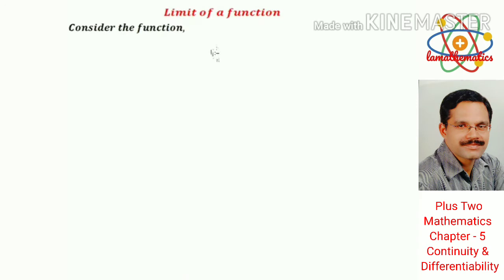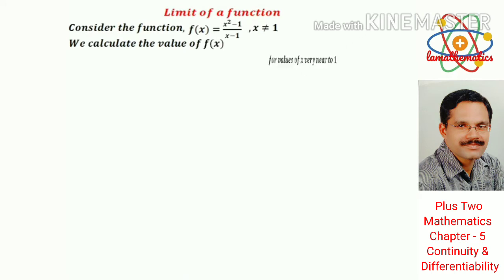Consider the function f of x equal to x square minus 1 by x minus 1, provided x not equal to 1. We calculate the value of f of x for values of x very near to 1 but not at 1. At x equal to 1, the function is not defined.